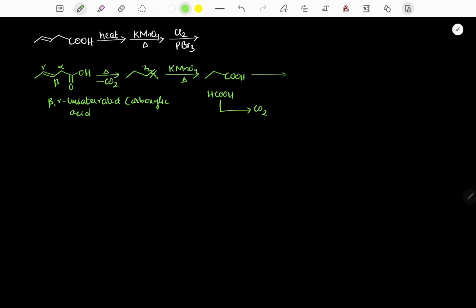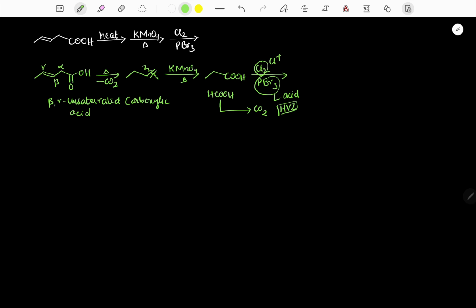Now the carboxylic acid is treated with Cl2 and PBr3. PBr3 is a Lewis acid and Cl2 gives the electrophile Cl+. So to the carboxylic acid we are adding an electrophile and a Lewis acid. It is an HVZ reaction.